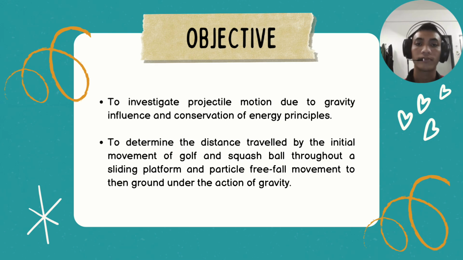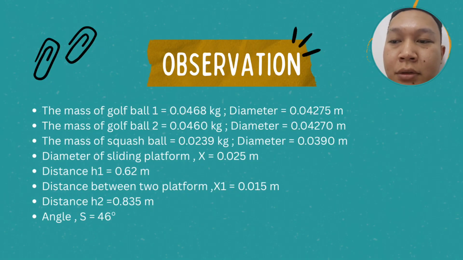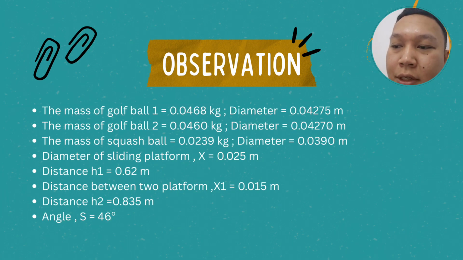Thank you. So my name is Loxley. Now is the slide about observation. First, we can see the mass of golf ball 1 is around 0.0468 kilogram, and the diameter is around 0.04275 millimeter.